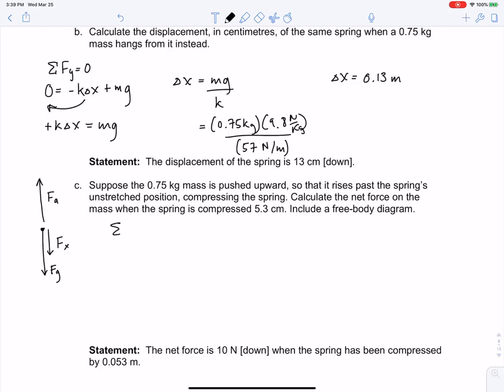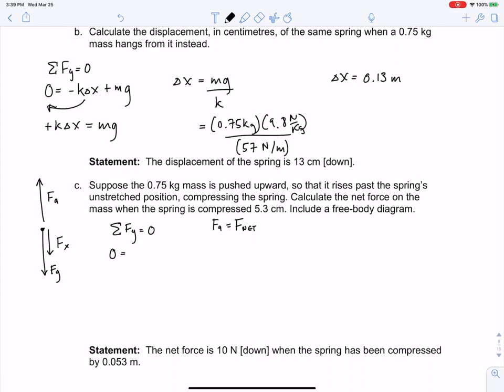So in the y direction, if we press up on the spring, the net force should be 0. Let's keep in mind that the force we're applying will be equal to the net force that the spring exerts downwards.